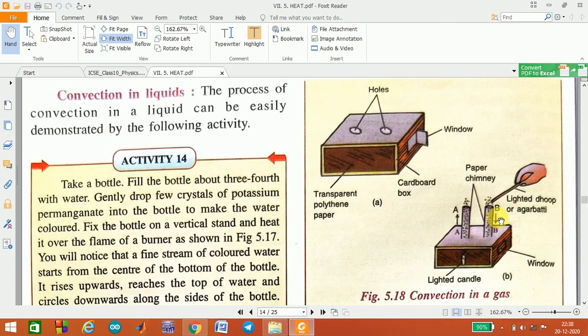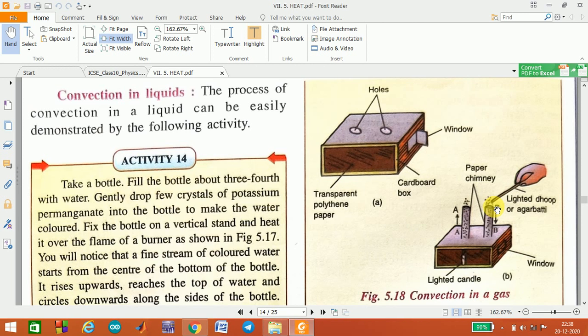Then you just keep a lighted dhoop or agarbatti over chimney B. Then you will notice that the smoke of the dhoop kept near the mouth of chimney B enters through chimney B inside the box and comes out through chimney A.